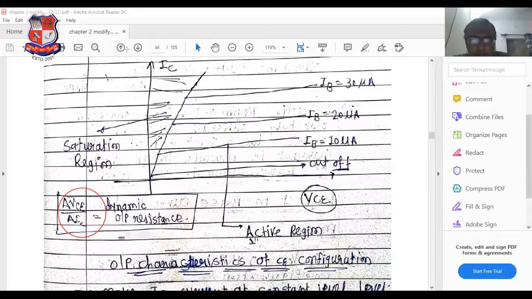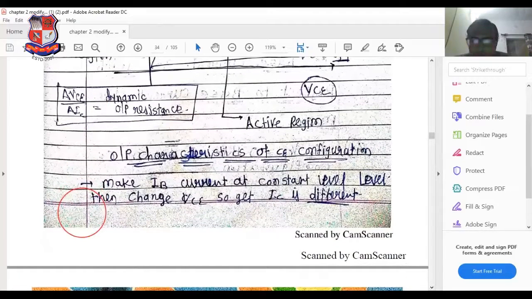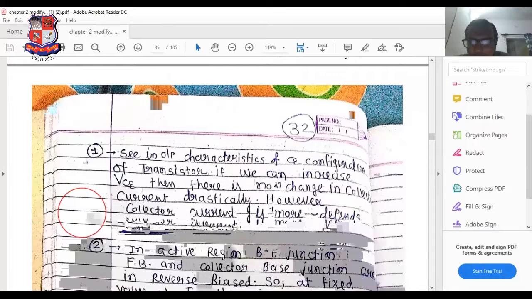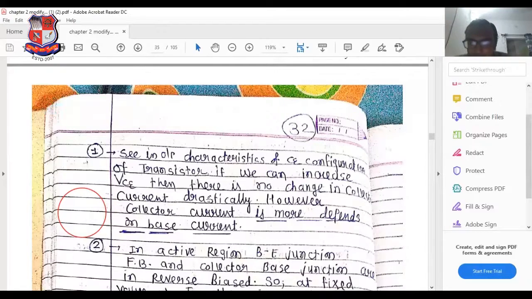Now see output characteristics. First point, keep IB current at a constant level so we can change VCE, so IC is different. If we increase VCE, then there is no drastic change in the collector current.